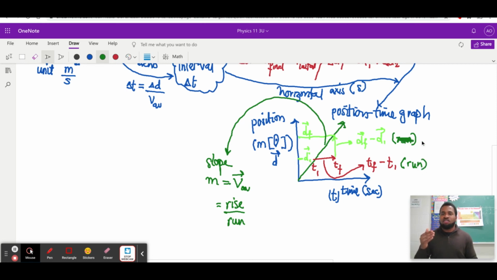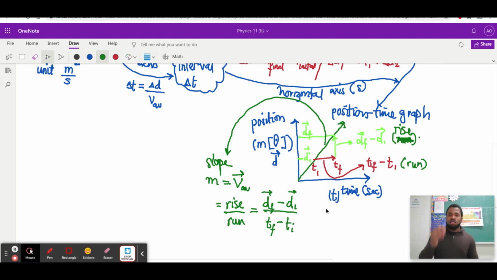Take note that this is rise over run. So therefore, our rise over run is equal to our final position minus our initial position, all divided by our final time minus our initial time.